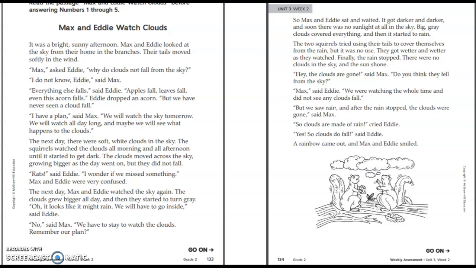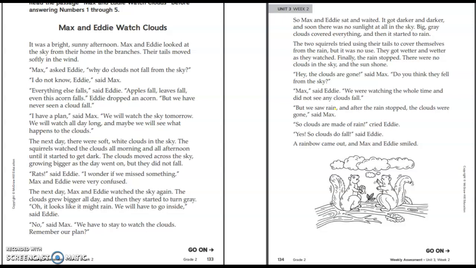The next day, there were soft white clouds in the sky. The squirrels watched the clouds all morning and all afternoon until it started to get dark. The clouds moved across the sky, growing bigger as the day went on, but they did not fall. "Rats," said Eddie. "I wonder if we missed something." Max and Eddie were very confused.